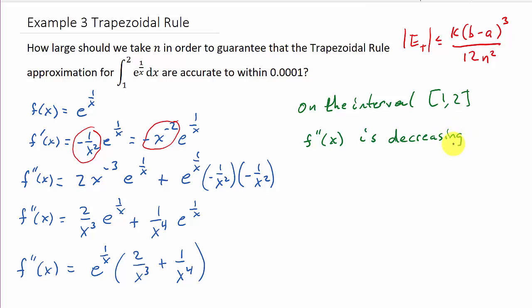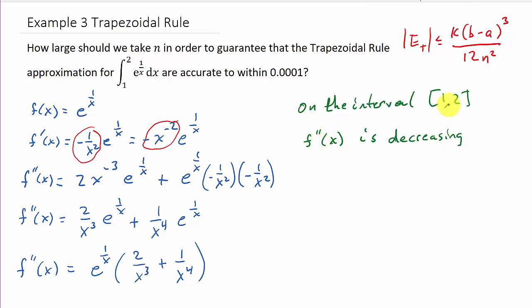All right, so remember, we want to find the largest value possible. Okay, I need for k, because remember, k, my absolute value of my second derivative, has to be less than or equal to that.